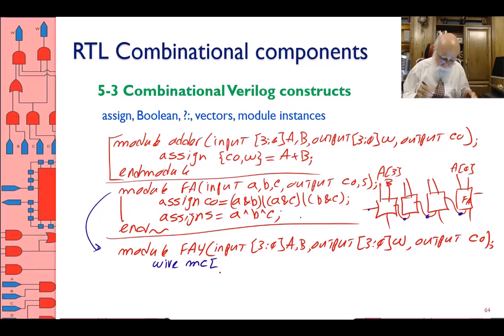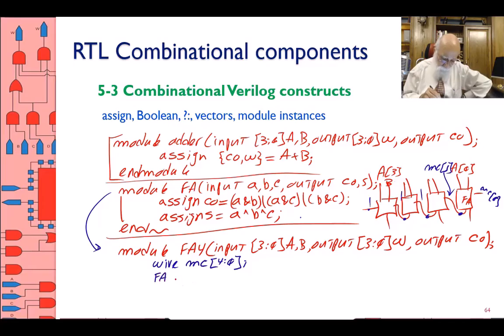And these are [4:0], 5 of them. And then this is MC 0. This is MC 1, 2, 3, and 4. Okay? So this is how I'm going to write my full adders.